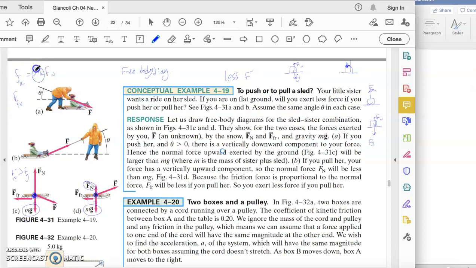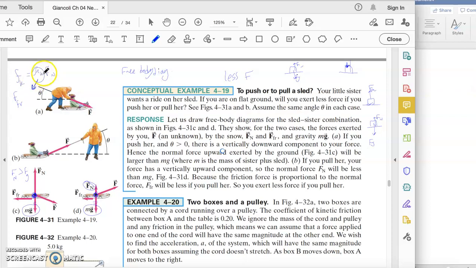This is just a simple constant, but it is proportional to the normal force. So if the normal force is big, the friction force is big. When the normal force is smaller, the friction force will also be smaller, and we can compare them with each other. If I ask you whether the friction force is more or less than the normal force, usually mu is smaller than 1.